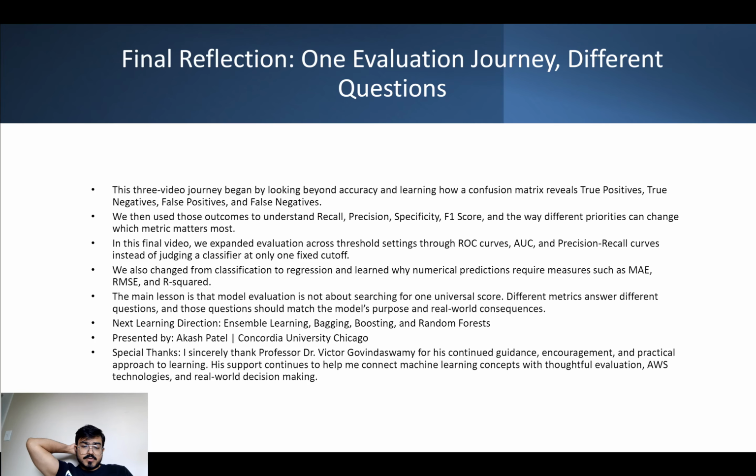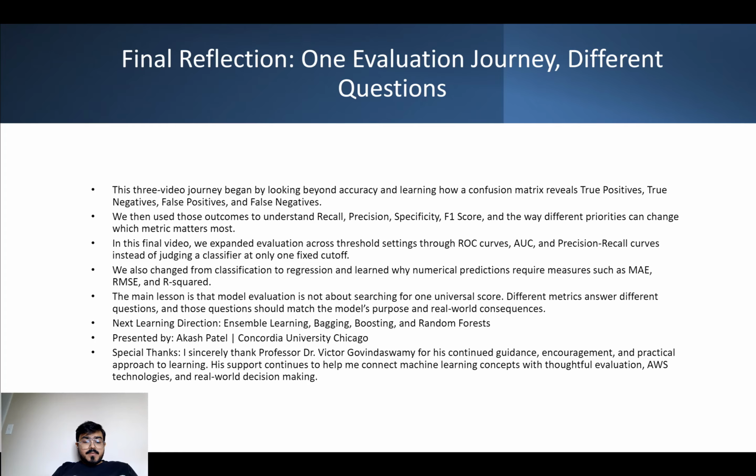We learned how the ROC curve and AUC help us evaluate model performance across different decision thresholds, and how the precision recall curve becomes specifically useful when the positive cases are rare.